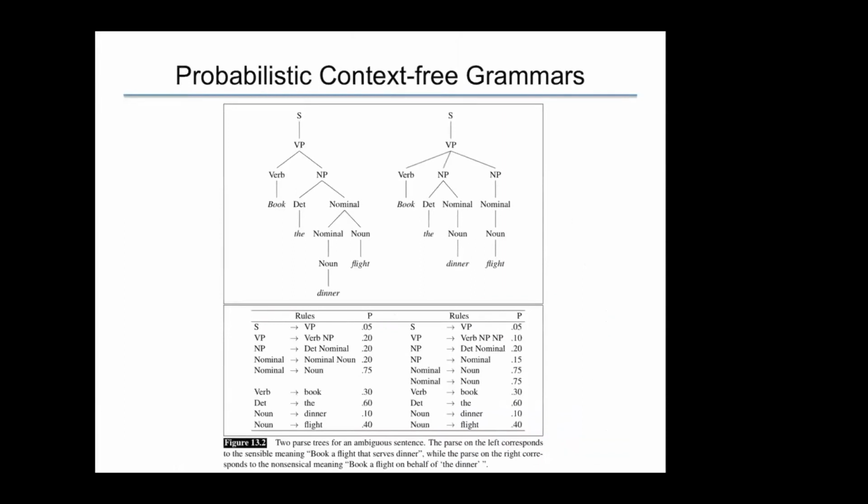Okay, so that's good. That's exactly what we have in the next slide, right? We can compute the probability of each rule, and then we just multiply all of them to compute the probability of the final parse. And remember that this was also another ambiguous case, because you have the sentence "book a dinner flight," and it's ambiguous whether the dinner and flight go together or book, dinner, and flight are all parallel.